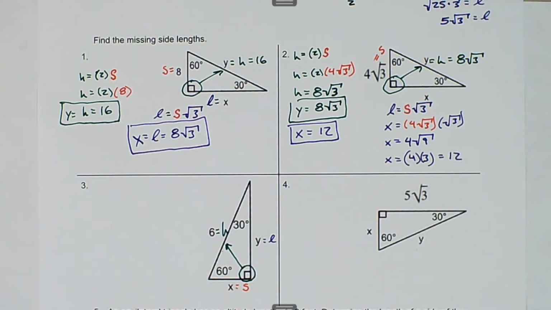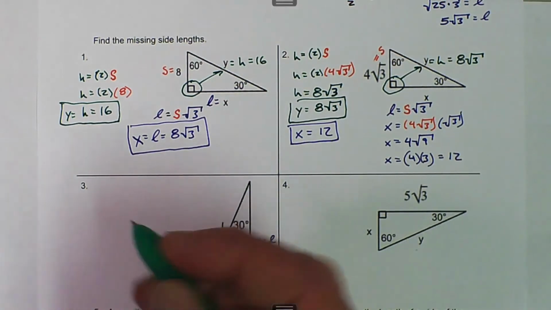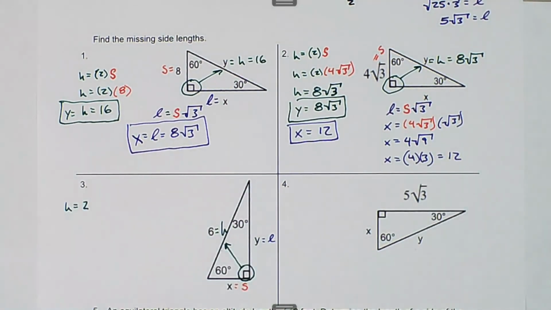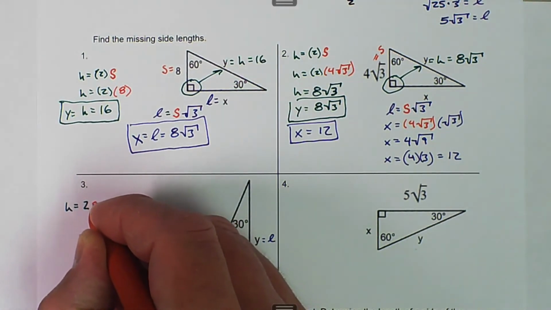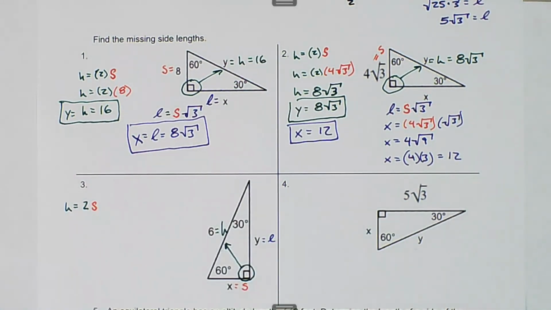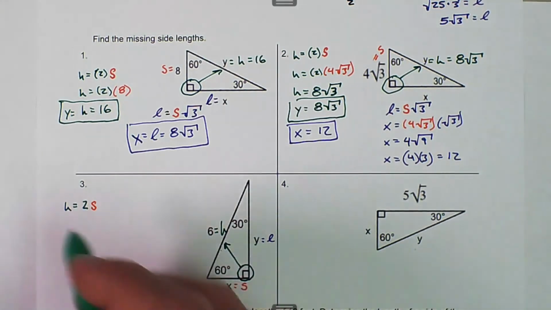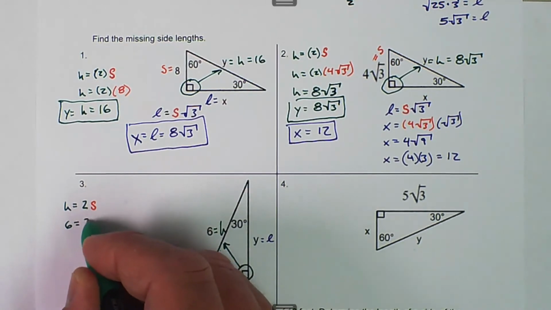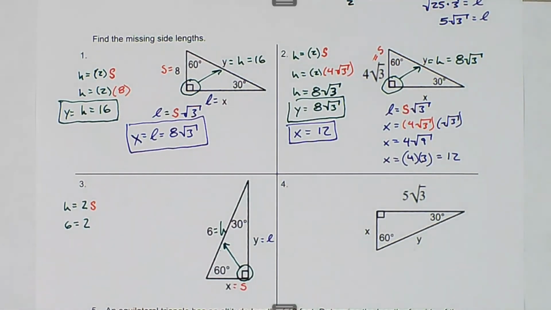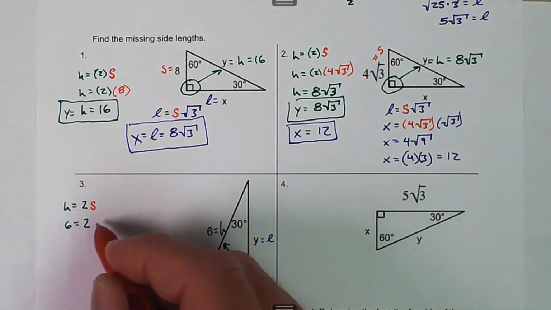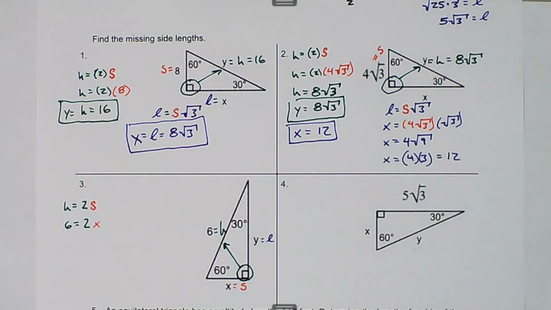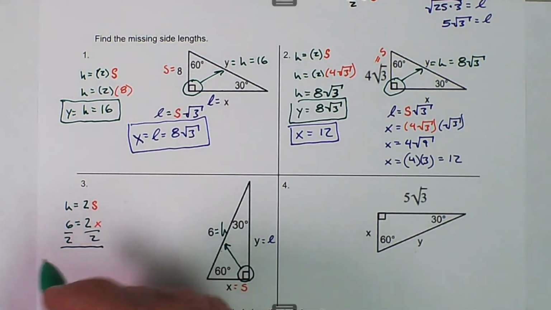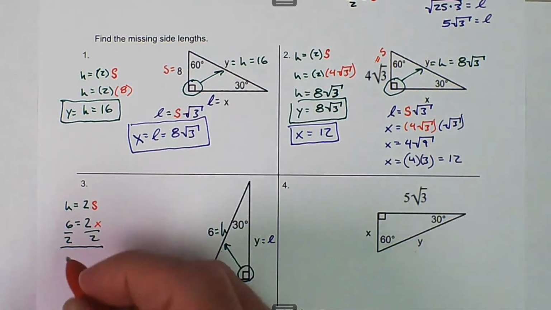So we can use the formula, which is h is equal to 2 times the short side. And we can substitute the values in that we know. We know that the hypotenuse is 6. We know that the 2 is constant. And we're trying to find x because x is representing the short side. So we can divide both sides by 2. And we get 3 is equal to x.